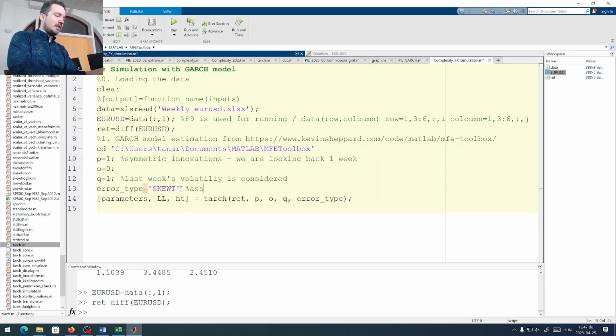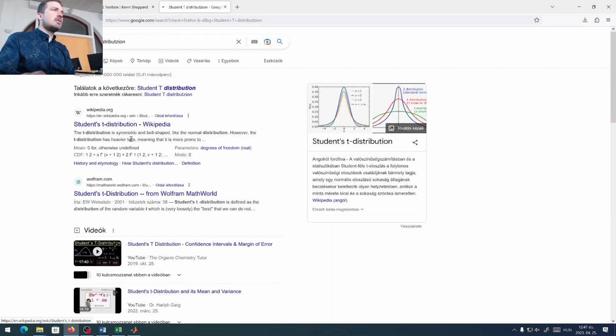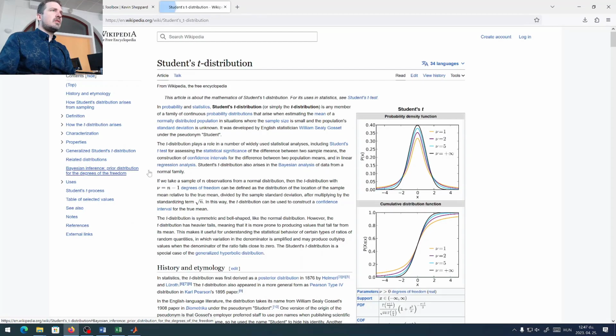So this is an asymmetric student T distribution. I will show you why I want to use this one. Because practically this can include also extreme jumps.